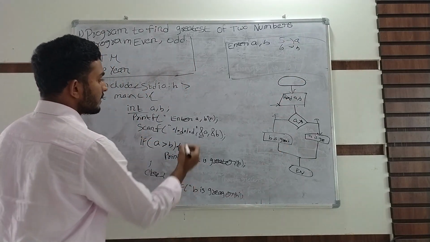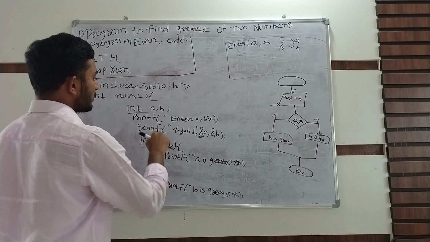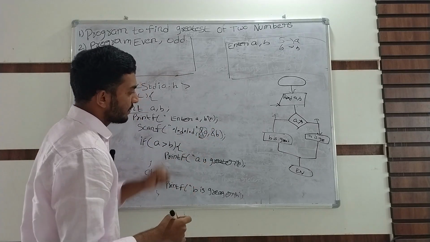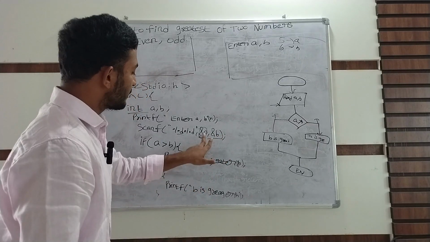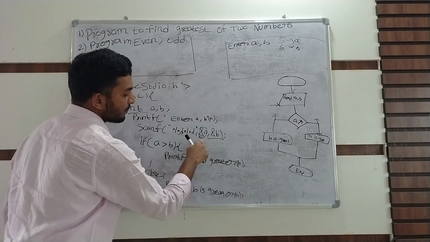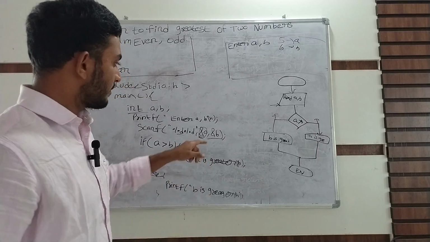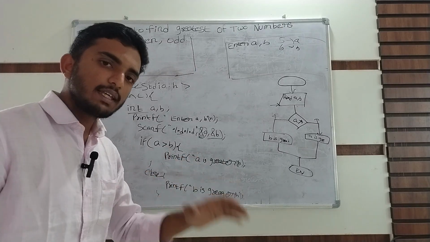How will it be taken as a and b? Here we have given that the first value we enter is taken by ampersand of a, and the next value is taken by ampersand of b. If we had given ampersand of b and then ampersand of a, then the first value would be stored in the b storage place and the next value in the a storage place.